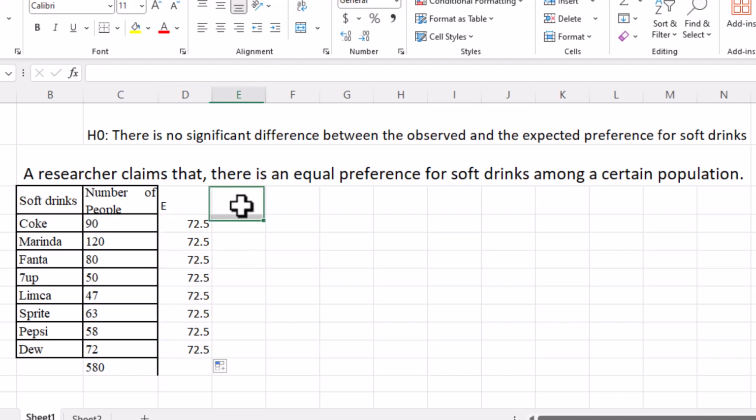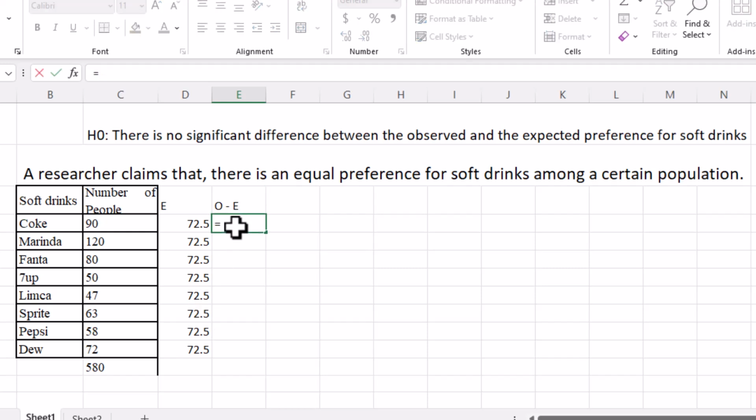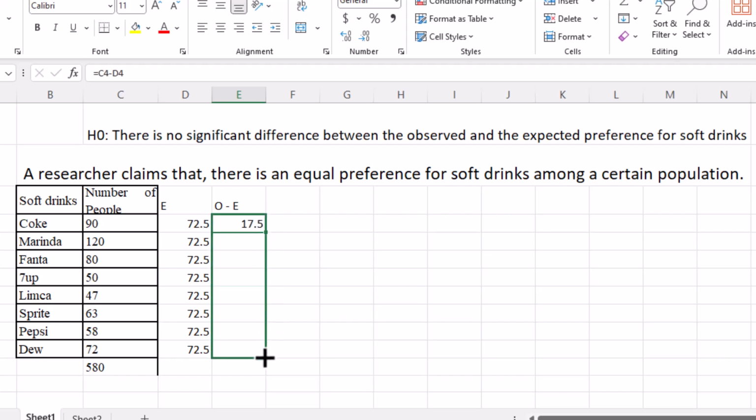Now we'll calculate the observed minus expected. This is our observed values and this is our expected value. To do this, equal sign, this cell minus this cell, and that gives us this value, so we'll drag it across the categories. This is our observed minus expected.